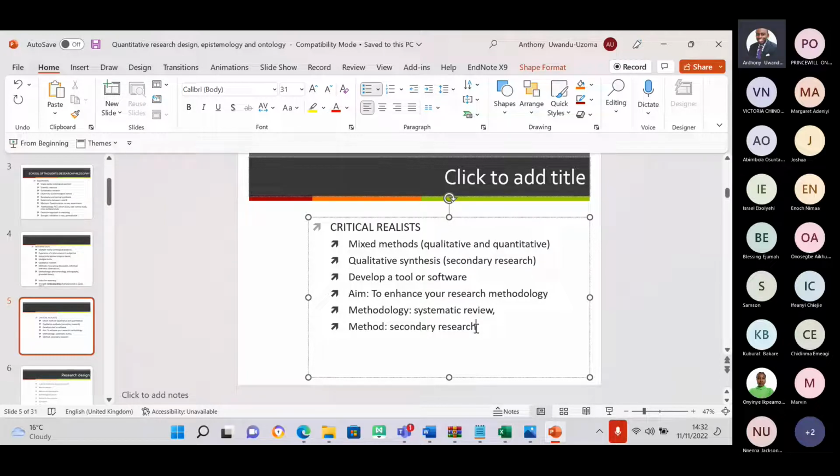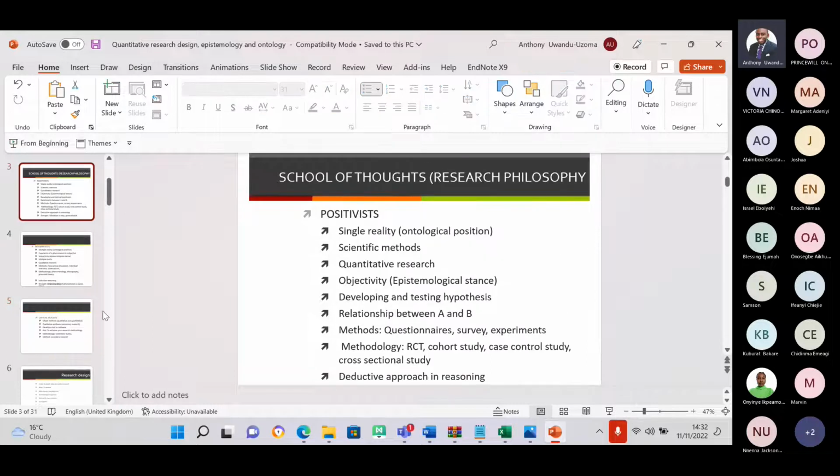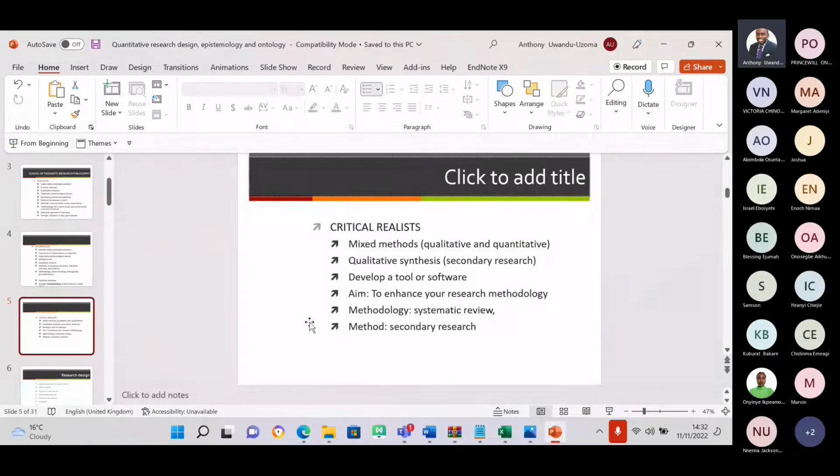So that is just a brief background of the research philosophy in terms of ontology, epistemology, and methodology. You need to get them clear in your head. I just try to compress these things so that you can easily know where your research domain falls in. Okay. All right.